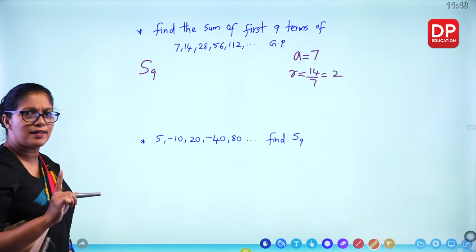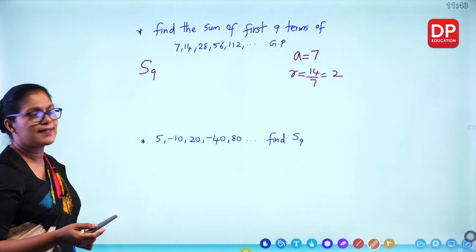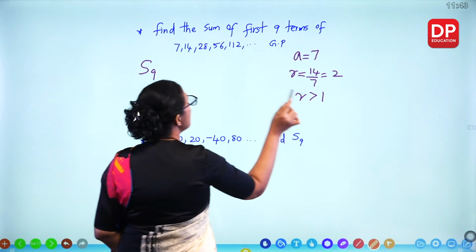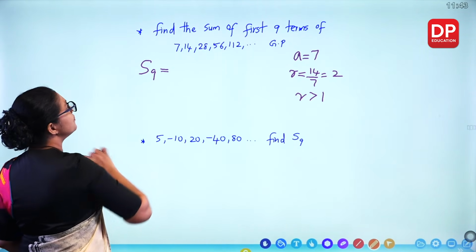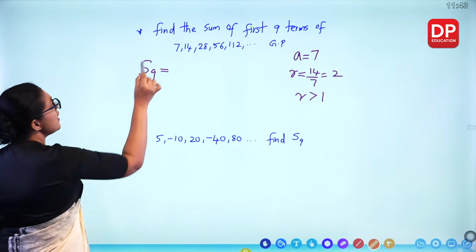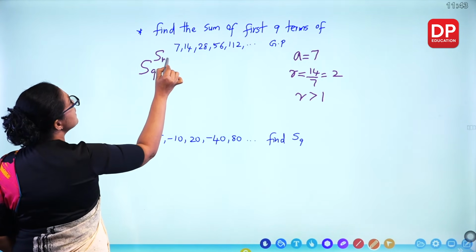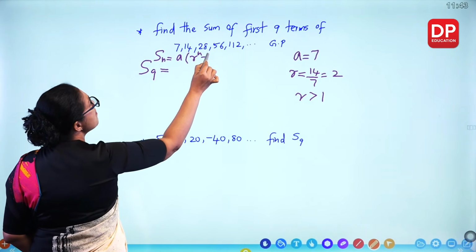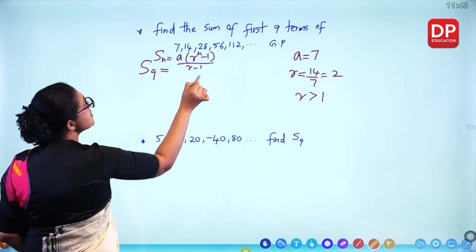So is it greater than 1? 2 means greater than 1. So we found R is greater than 1. So what's the formula? For Sn, we have to select A times R to the power n minus 1 over R minus 1.